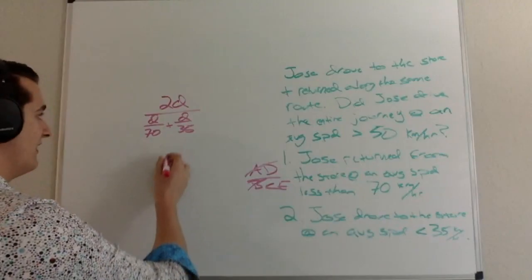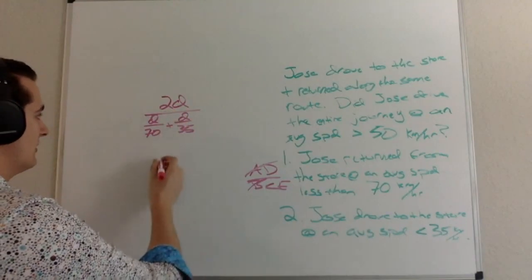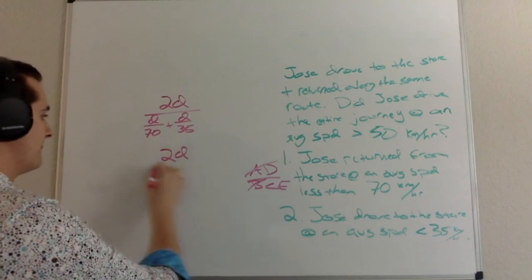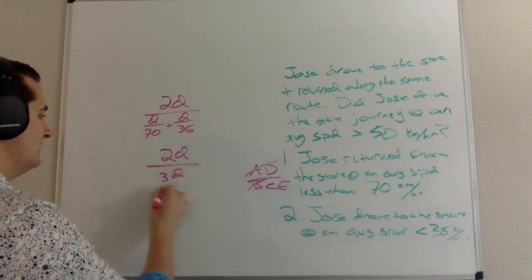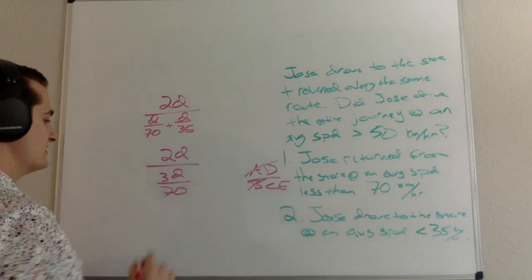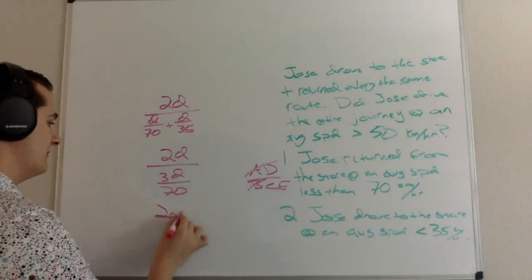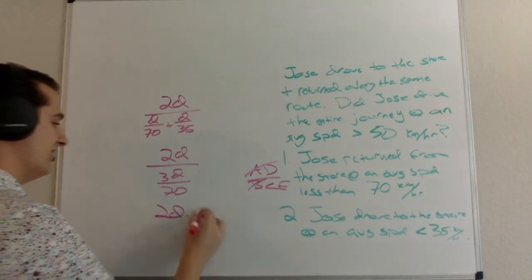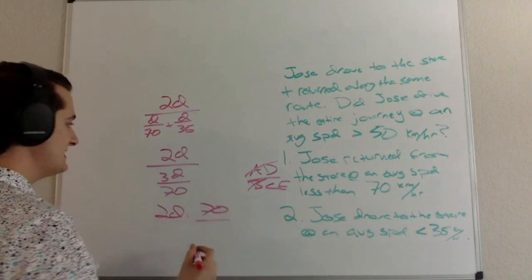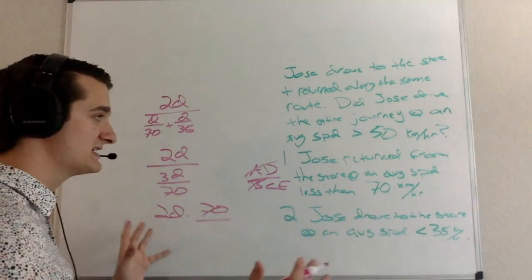When I do that, what I find is when I combine these two, I'm going to get 2d over 3d over 70. I'm going to then flip and multiply.